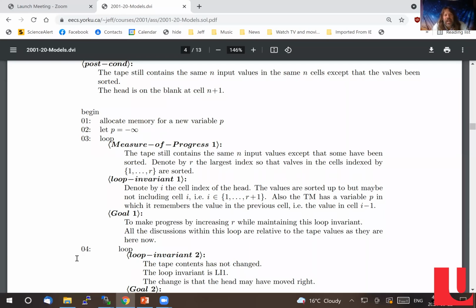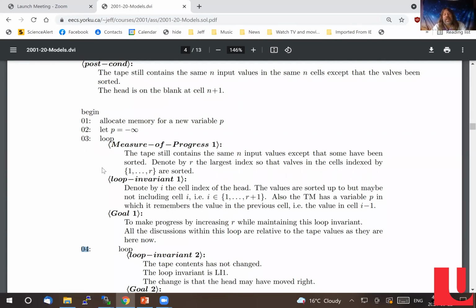I gave a checkpoint, I'm pretty sure at line 4. But I didn't give one at line 1, 2, and 3, right?